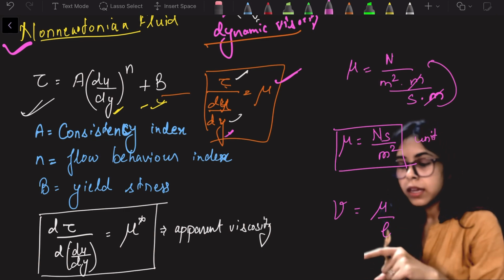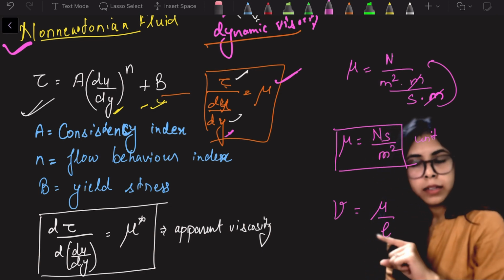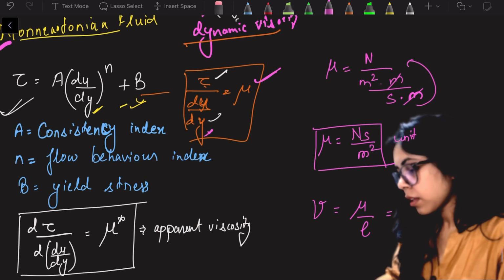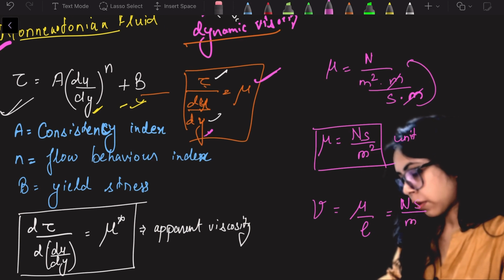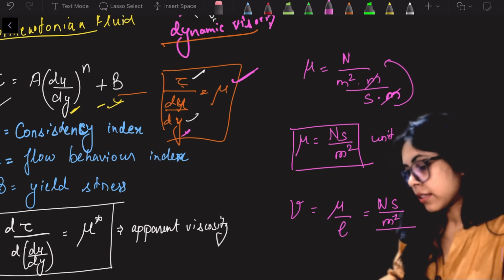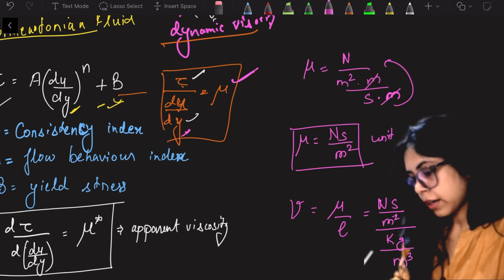So if I put the dimensions of dynamic viscosity and density, what will I get? We'll see. Newton second per meter square, and we have density. What is density? Mass upon volume, kg per meter cube, right?